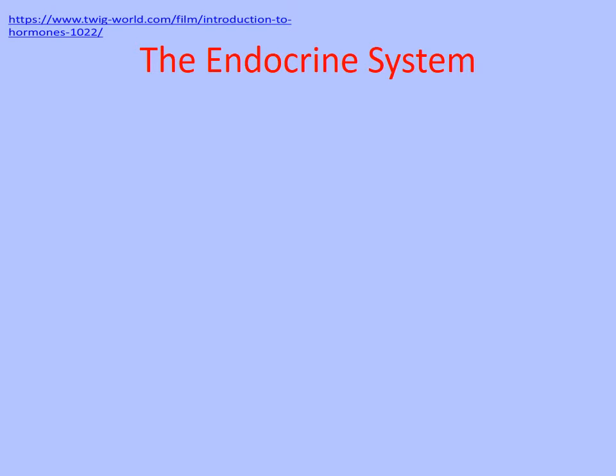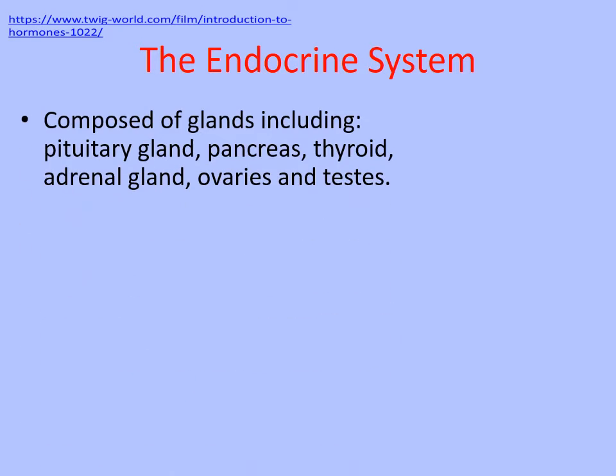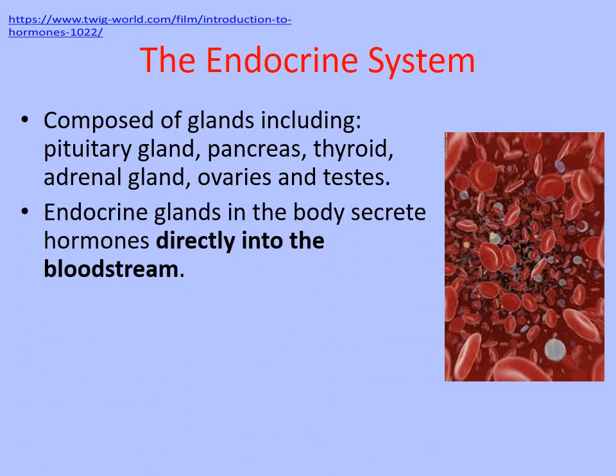I'd like you to make notes on this section. Pause the video once we've gone through the slide and make sure that you've got these. The endocrine system is composed of a number of glands. These are the ones that you specifically need to know about, and you need to know about the hormones that they produce and what the role of those hormones is. We've got the pituitary gland, the pancreas, the thyroid, the adrenal gland, the ovaries, and the testes.